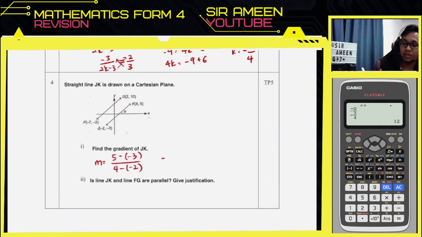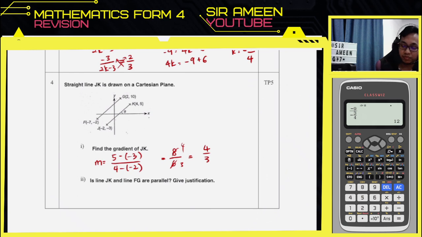So 5 minus negative 3 is 8 over 6. Simplify, you would get 4 over 3. Very simple.